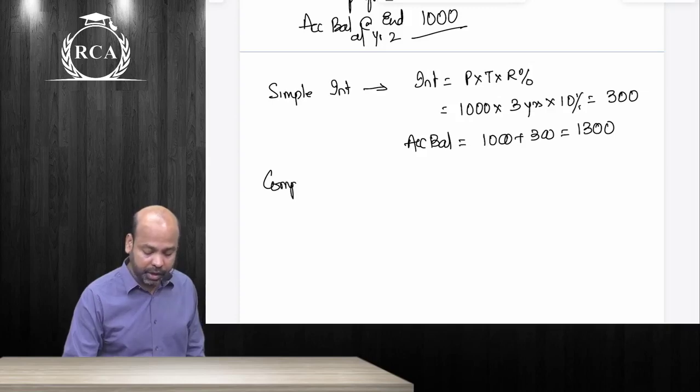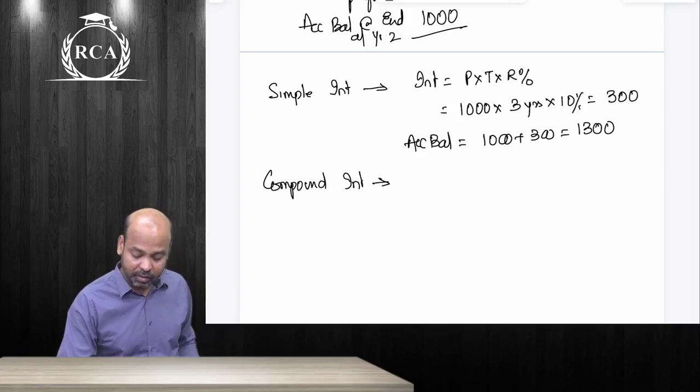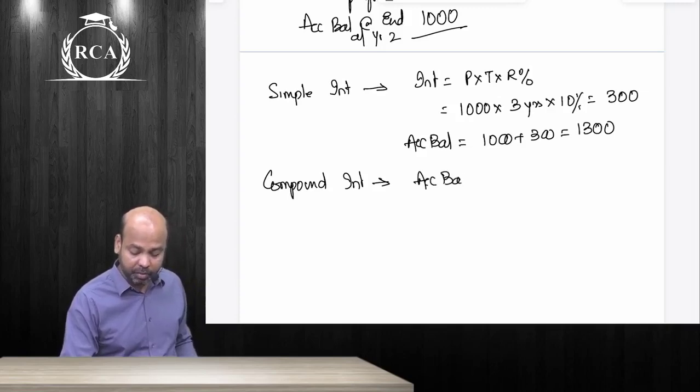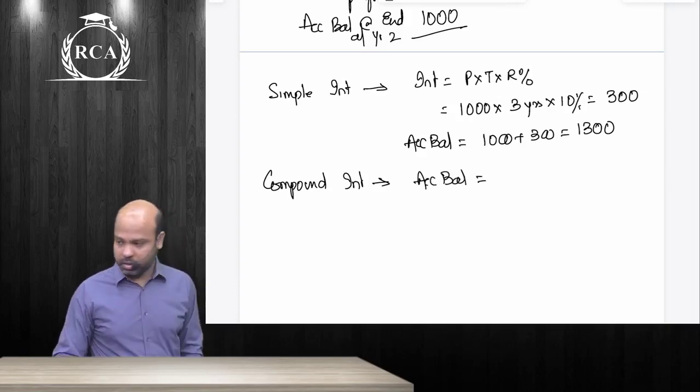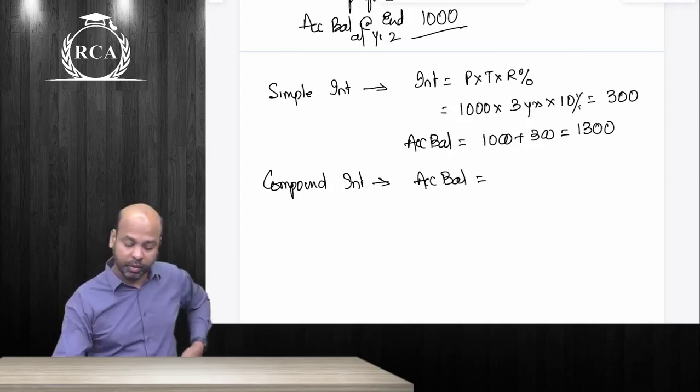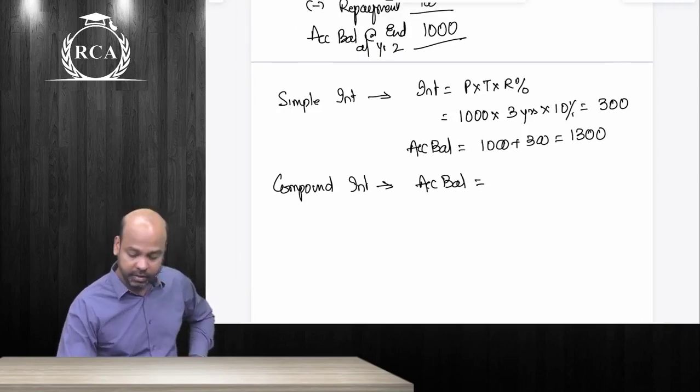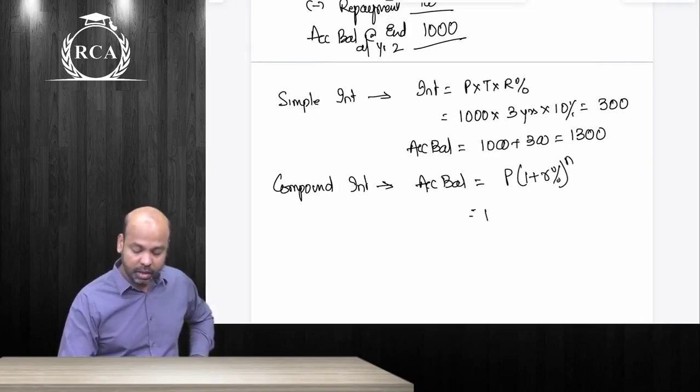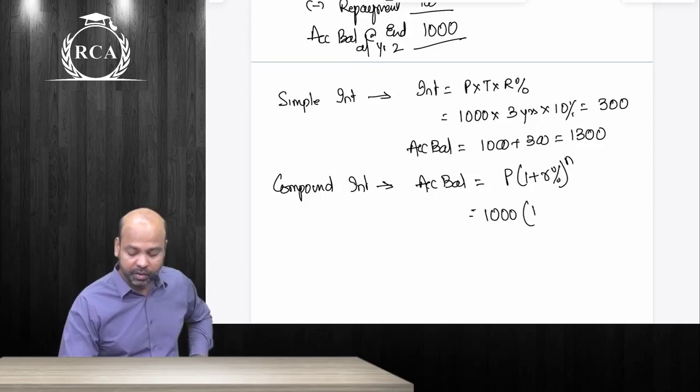Under compound interest, guys, what is the formula to compute your accumulated balance? कभी आएगा नहीं बेटा, बस पढ़ाने के लिए पढ़ा रहा हूँ. Compound interest is definitely important. So compound interest में बेटा, how are we going to compute accumulated balance? Principal amount into 1 plus rate of interest beta whole power n. Our principal amount was 1000 rupees, guys. Rate of interest was 10%.